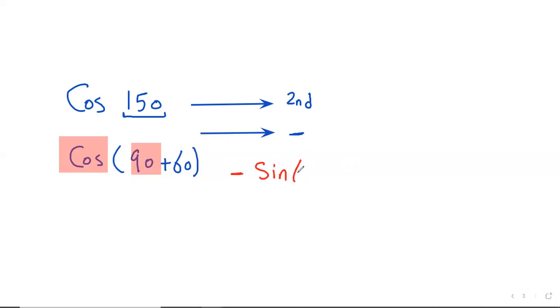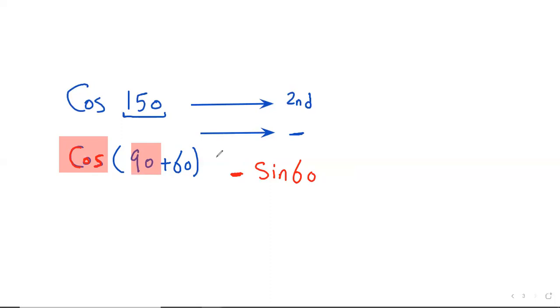Some students get confused and say sine is positive in the second quadrant. No, it's not right, because we determine the sign depending on the original function, which is cosine.